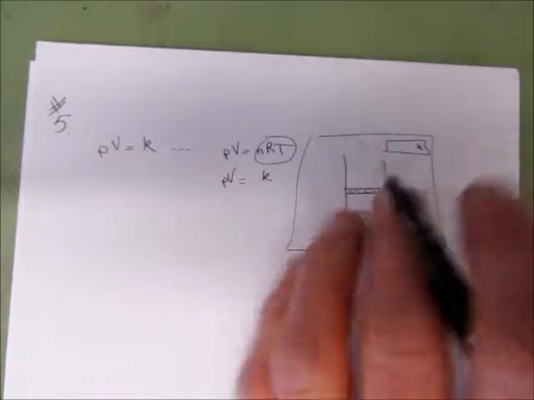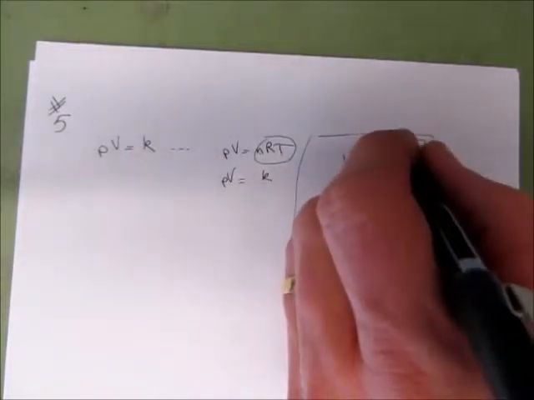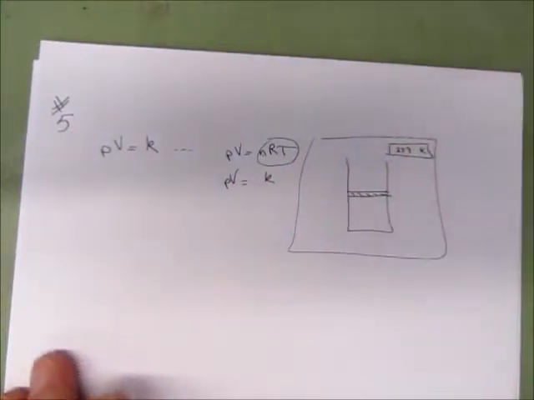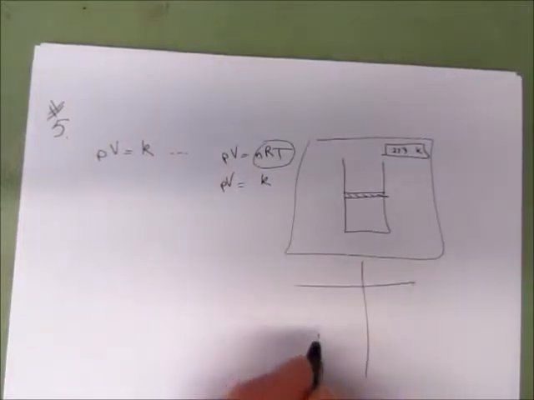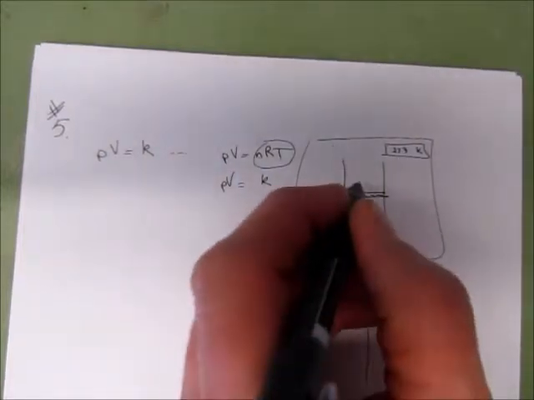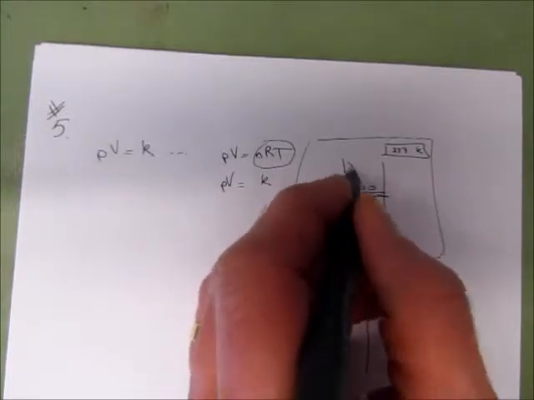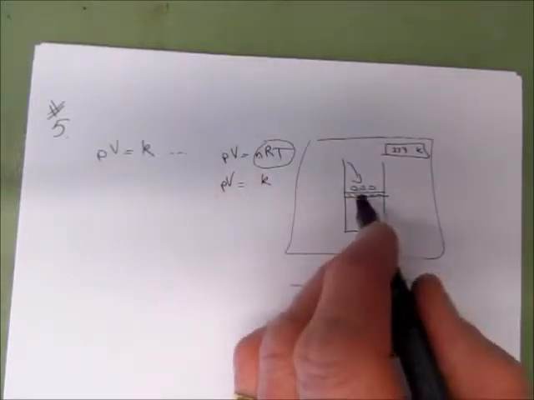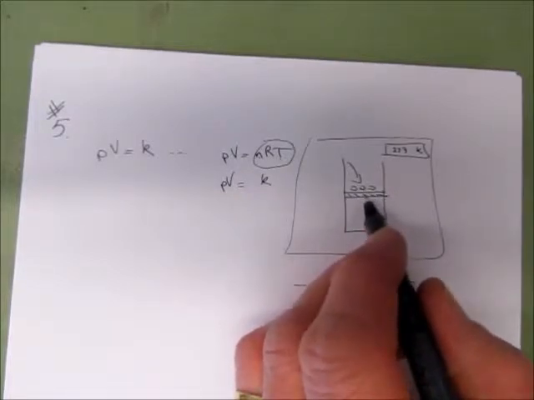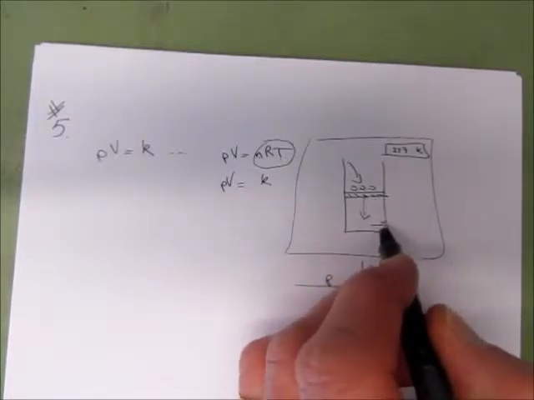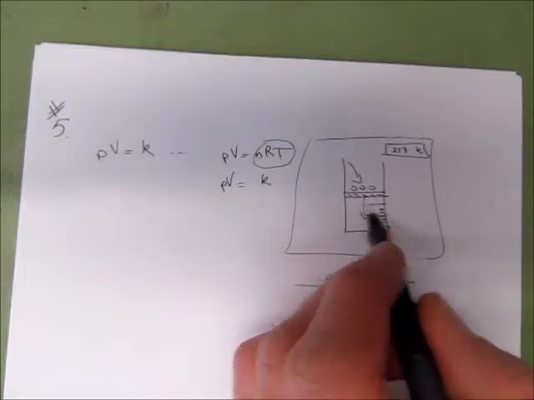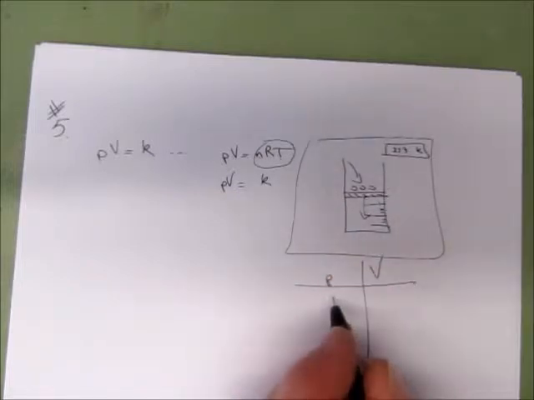Let's say one of your first temperatures happens to be 273 Kelvin. All he would have done is just put more and more pressure, masses on here to increase the pressure, and then he would measure what the volume did because I put more pressure on it.